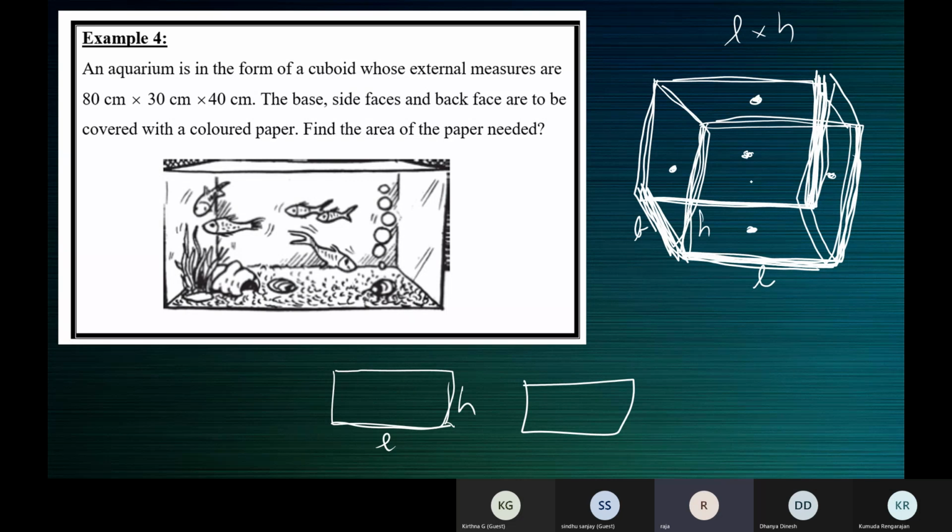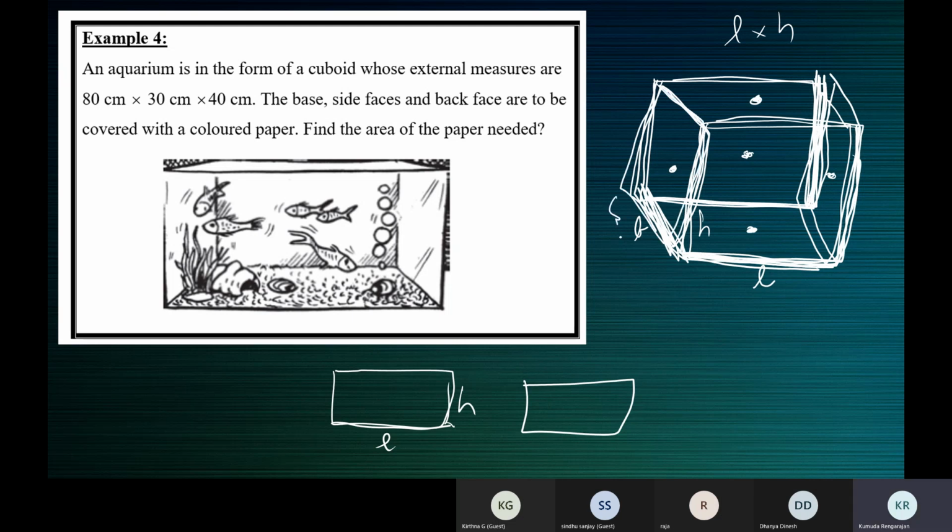Ma'am, breadth into length into height, ma'am. Length into height. Is it length into height? No, see, I'll show you again. I'm talking about the side faces.